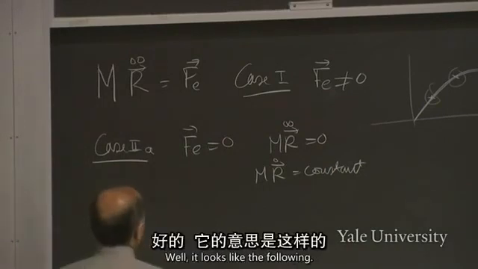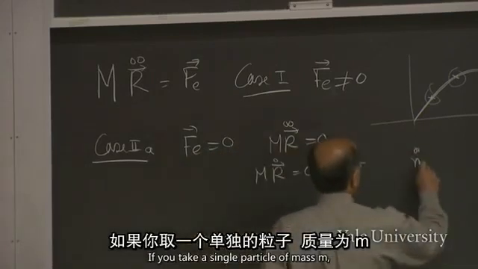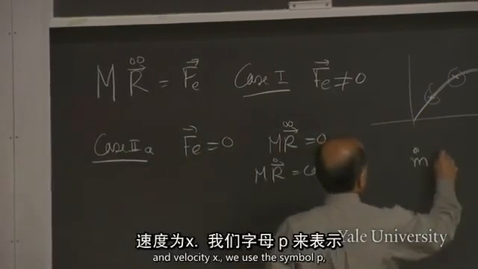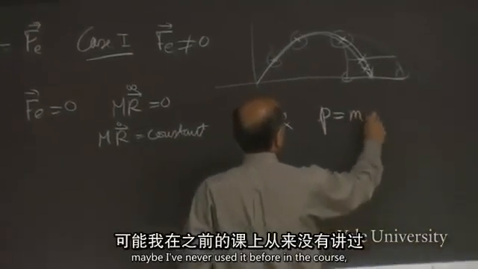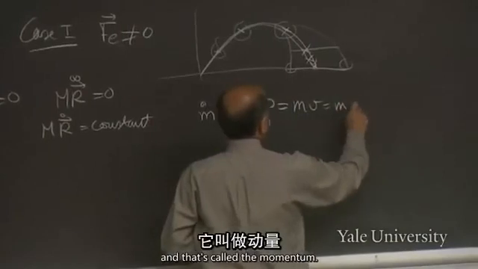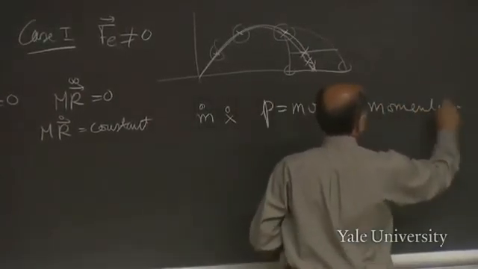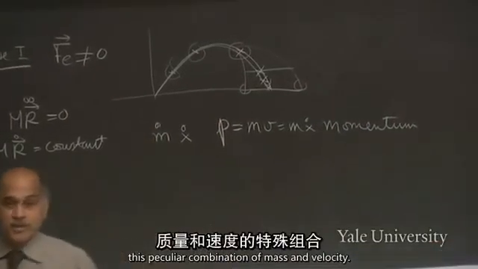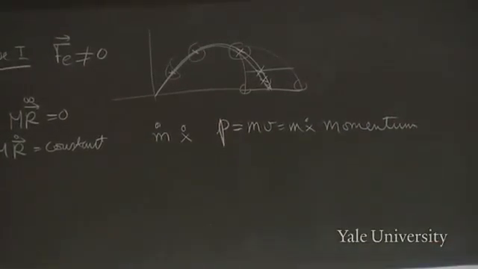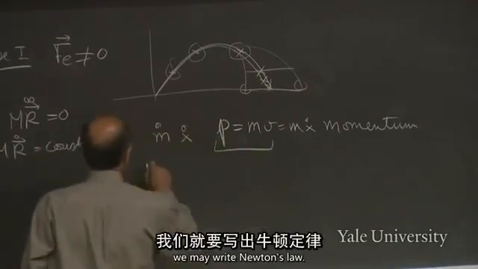Well, it looks like the following. If you take a single particle of mass m and velocity x dot, we use the symbol p. Maybe I've never used it before in the course, and that's called the momentum. Momentum of a body is this peculiar combination of mass and velocity. In fact, in terms of momentum, we may write Newton's law.